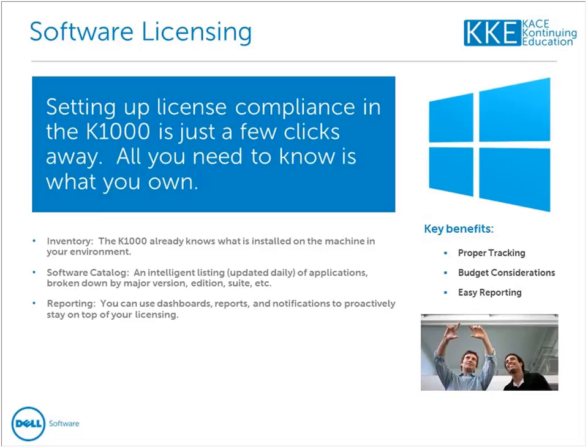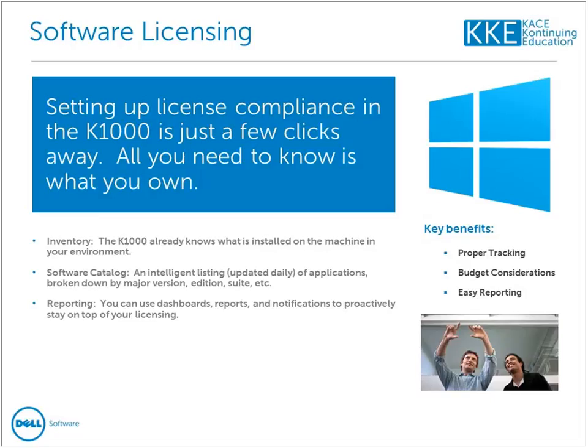Basically the idea of software compliance is that it allows you to properly track and see all the licenses that you have in your environment, because sometimes it's hard to know who's using what application. Are they allowed to use what application? Do we have enough licenses to track all of that?